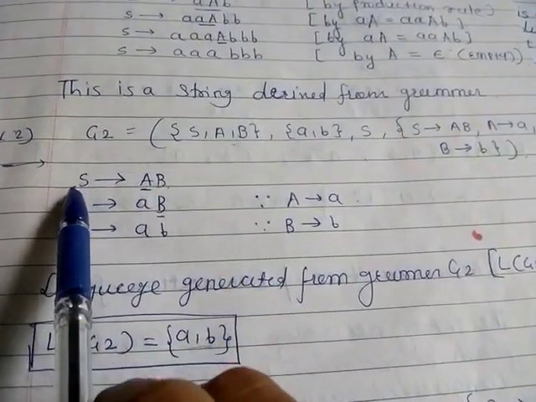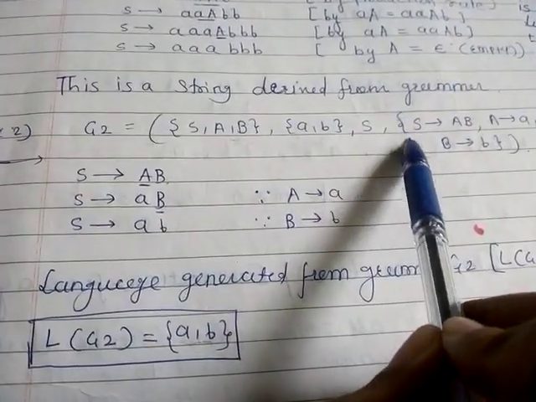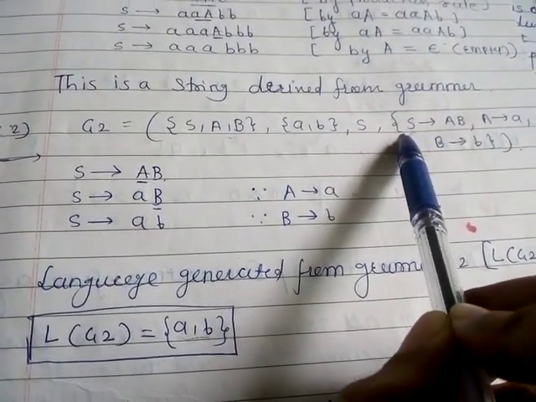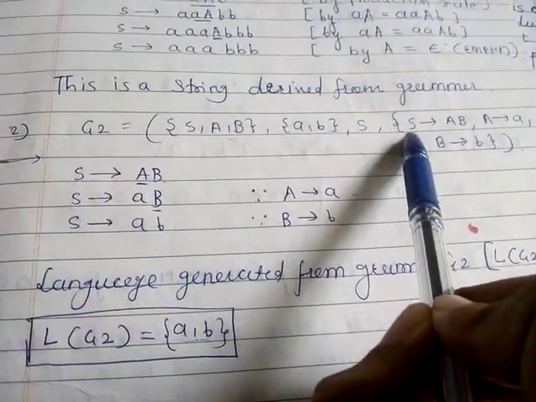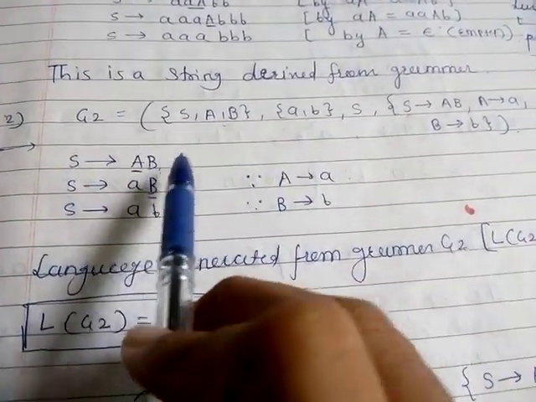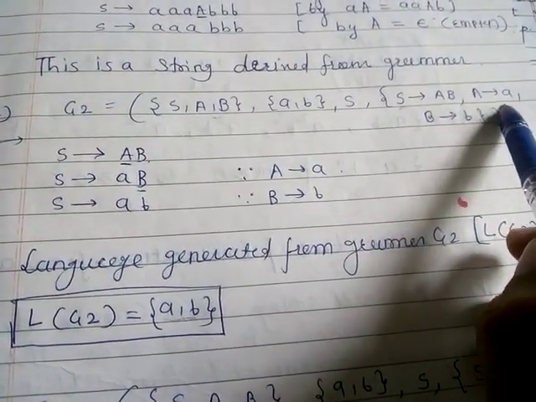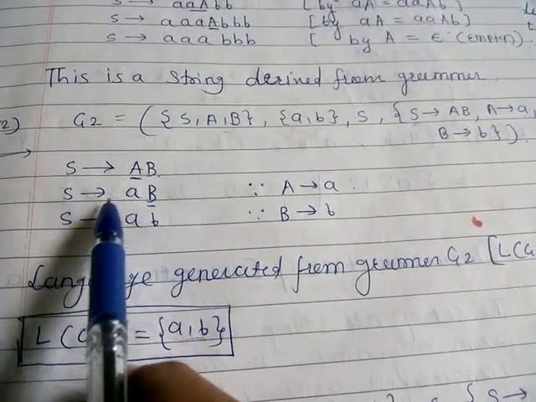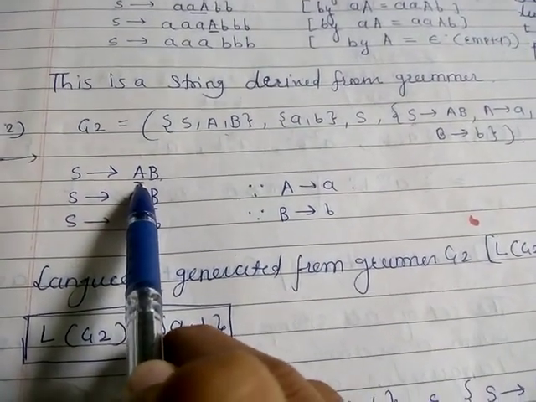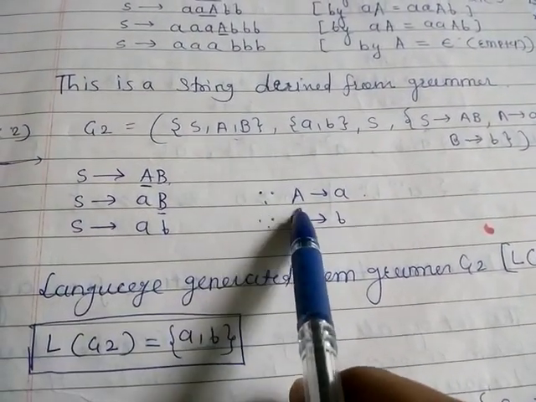The first step is to take the production rule which starts from S. So I have taken this production rule, that is S tends to AB. For A I already have the element, so instead of A I have put small a here, that is A tends to a.